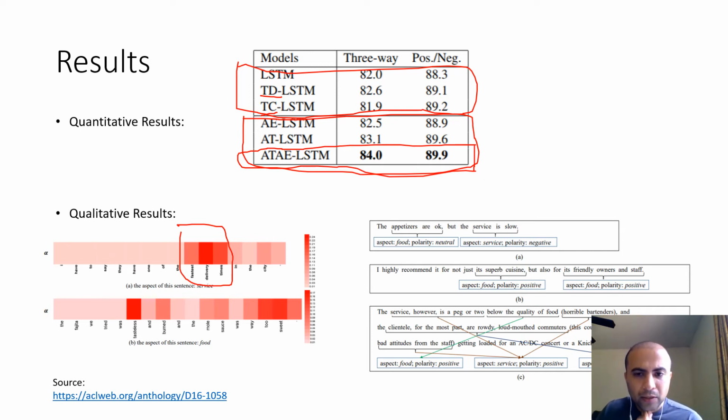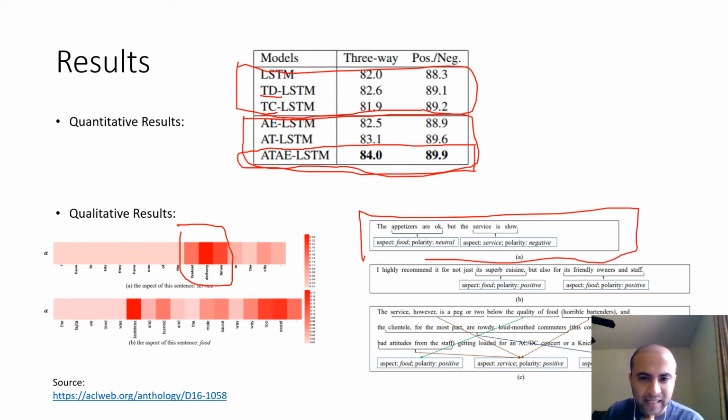And this is the example that we saw in one of the beginning slides on aspect. So again, another summarization: appetizers are okay, so the aspect is food, polarity is neutral; service is slow, so service is the aspect, polarity is negative. We can see that in multiple sentences.